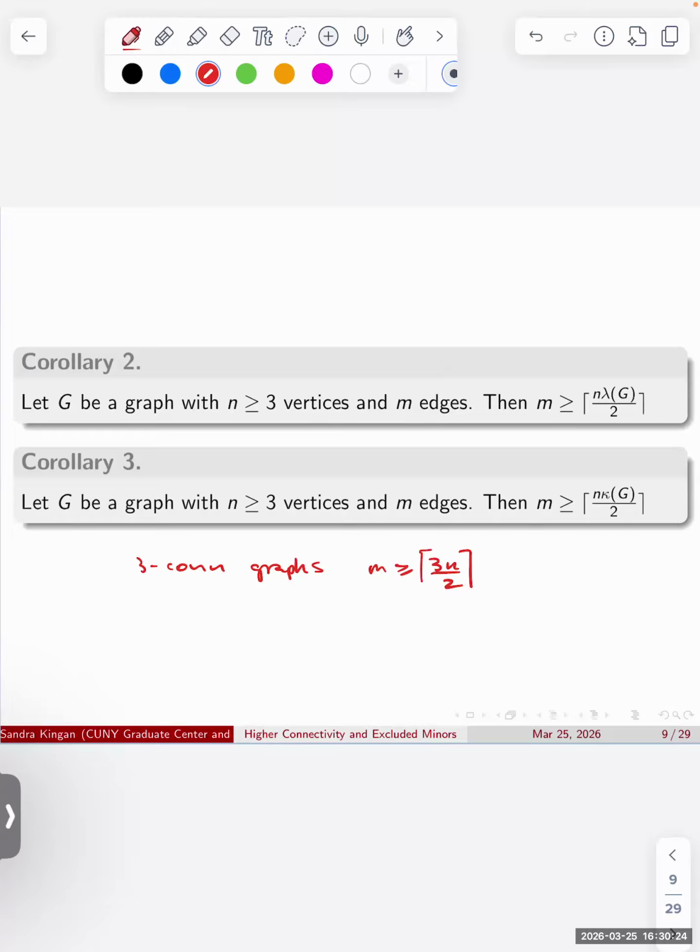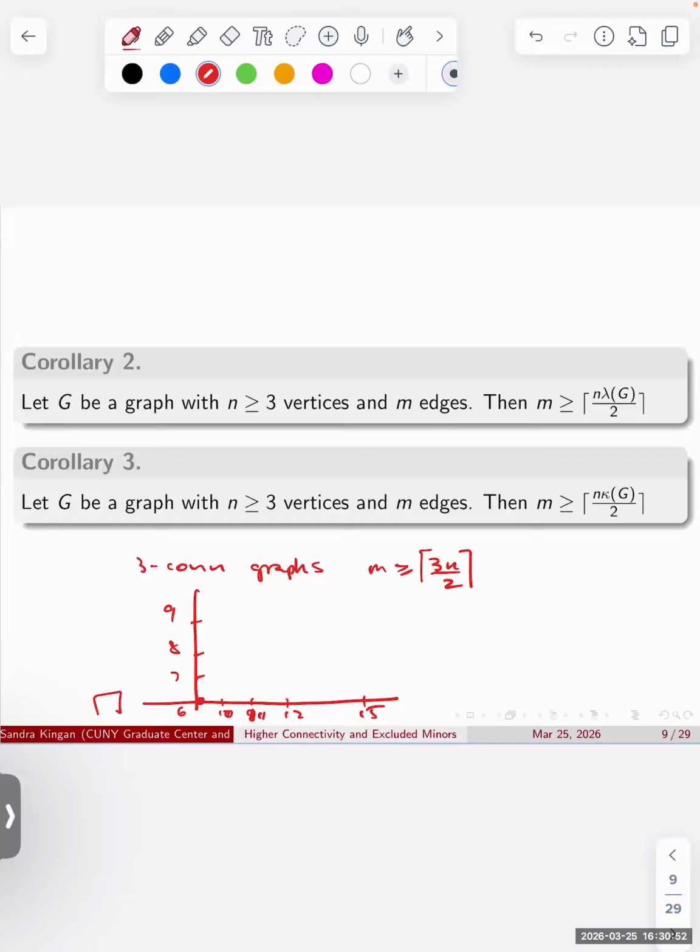So this is a very useful result to know, because for three-connected graphs, if you think of it as starting with six vertices and nine edges, then this would be 10, 11, 12, all the way up to 15, with 7 vertices, 8 vertices, 9 vertices.